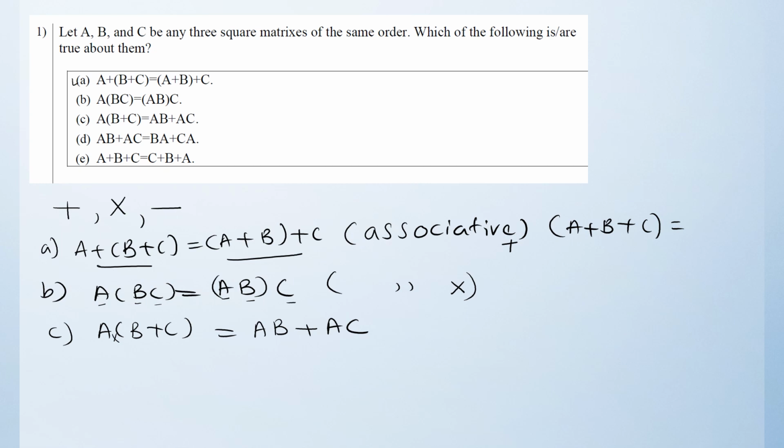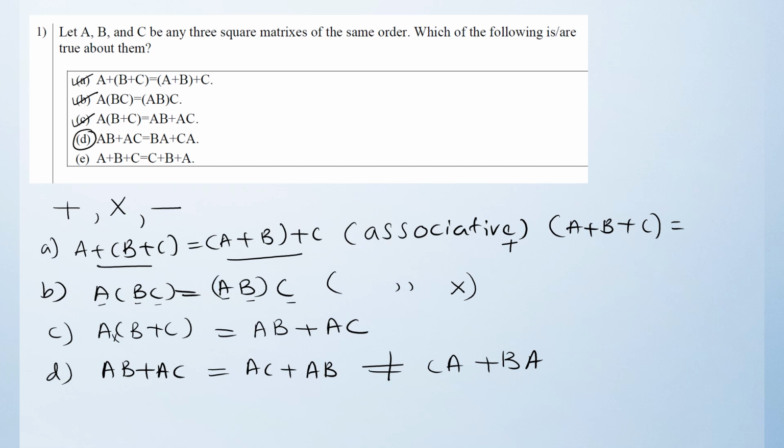So, we have A, B and C. For D, AB plus AC will be equal to AC plus AB, since addition is commutative, but not equal to CA plus BA as given here.